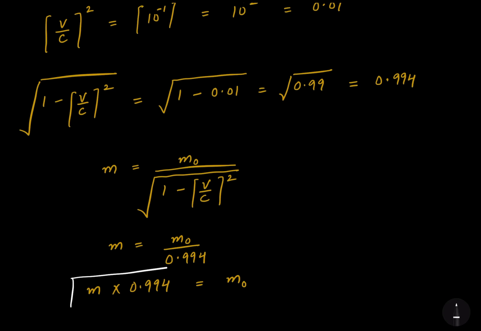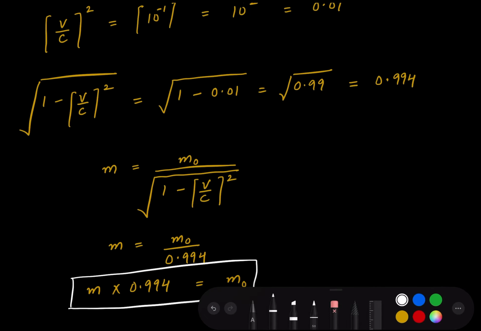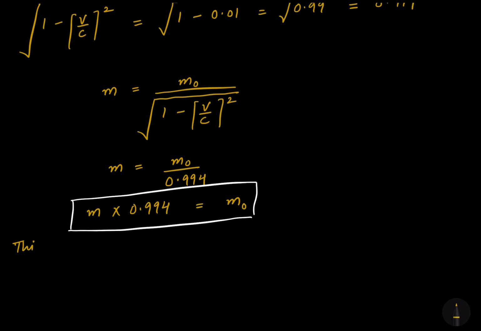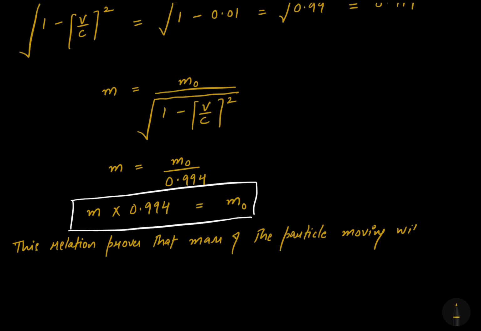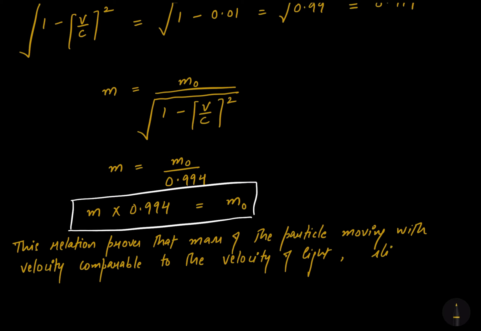I'm writing, this relation proves that at the end, the mass of the particle moving with velocity comparable to the velocity of light slightly increases.